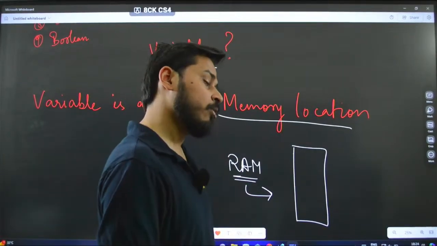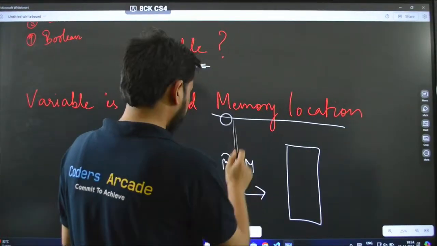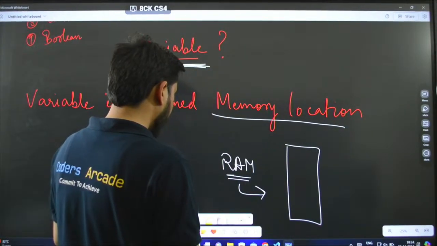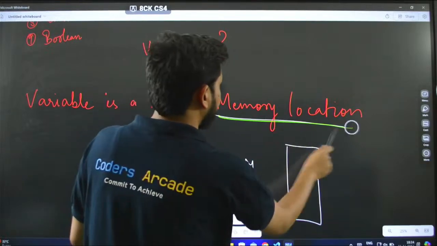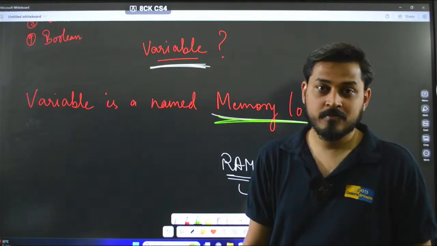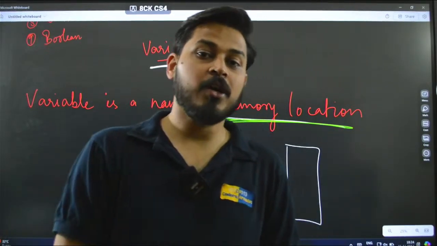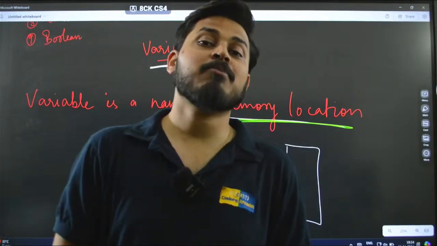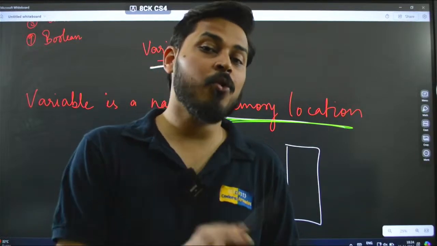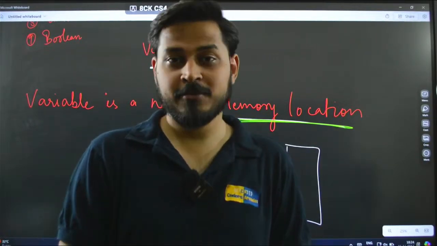Why do we want to do that? Basically it is a memory location. Memory location means we are trying to store something inside it. That is why we are creating this memory location. It is an empty memory location. When you create a variable, you have to define what type of data you are going to hold inside it, and for this reason we are learning data types.